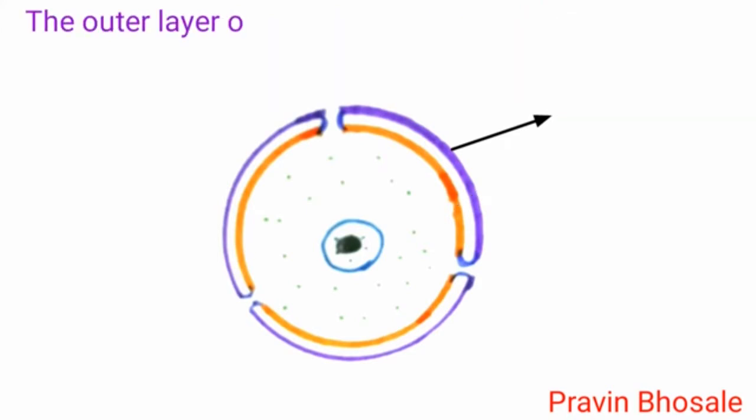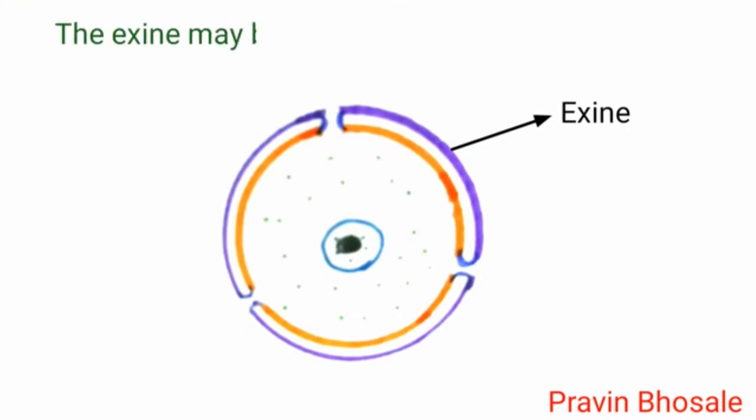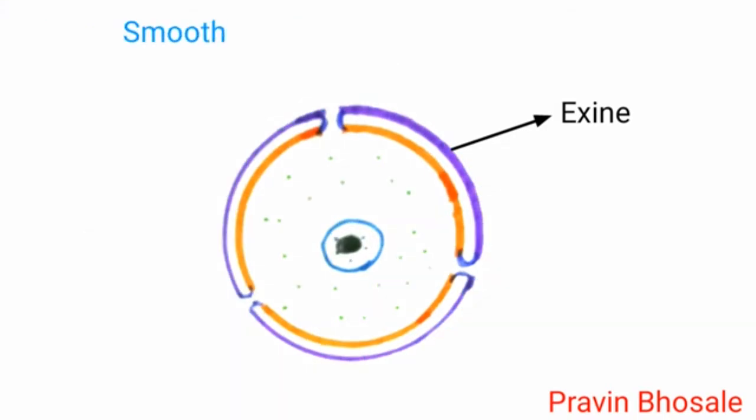The outer layer of the pollen wall is thick, highly resistant and is called exine. The exine may be spiny as in insect pollinated plants or smooth in wind pollinated plants.